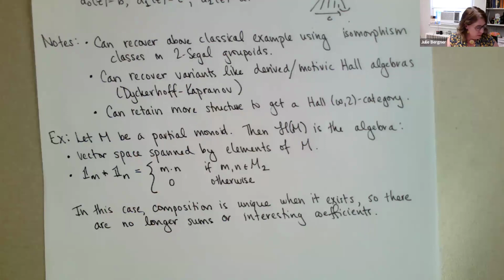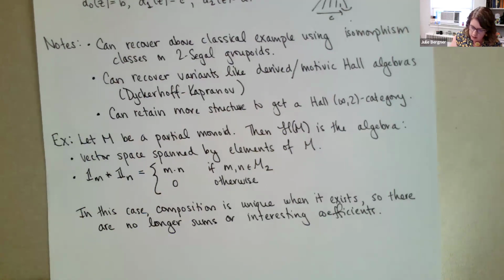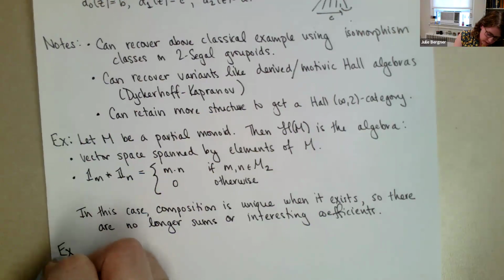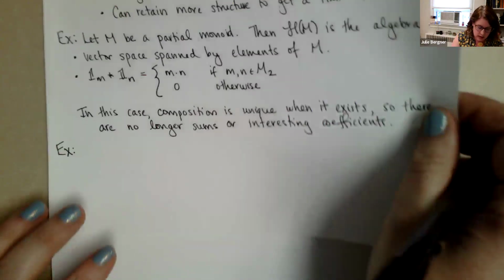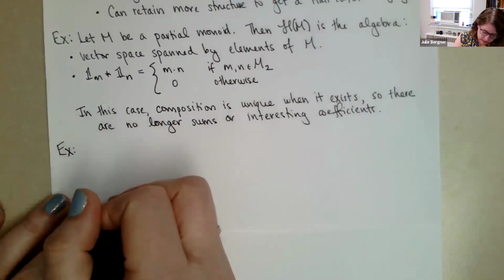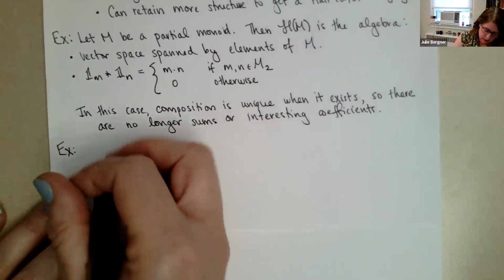What I want to do is start to introduce another example here in the last few minutes, with the idea of talking about its Hall algebra, because it's a little bit more interesting, but I think I won't get to actually talking about the Hall algebra until next time. In general, this is just a fun hands-on example of a 2-Segal set that you can really play with.